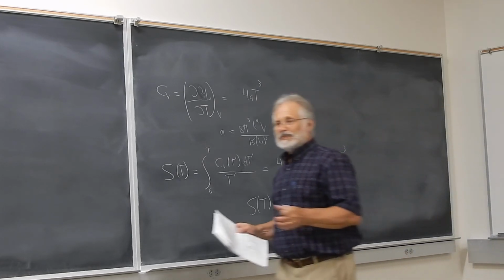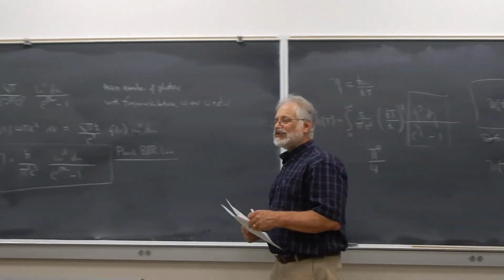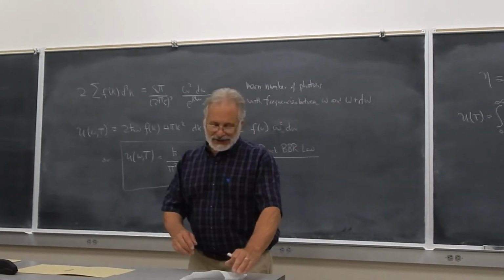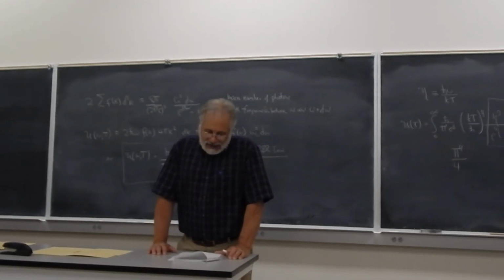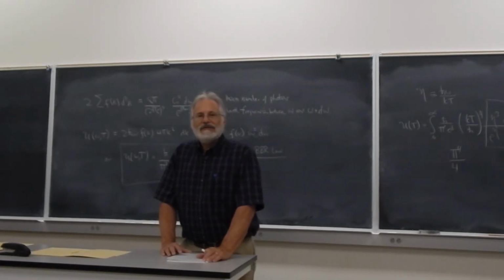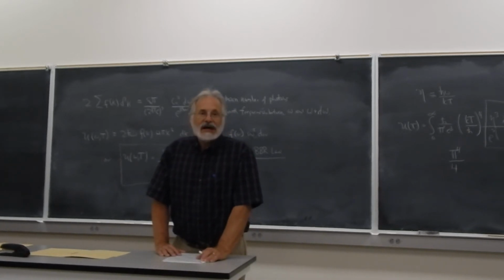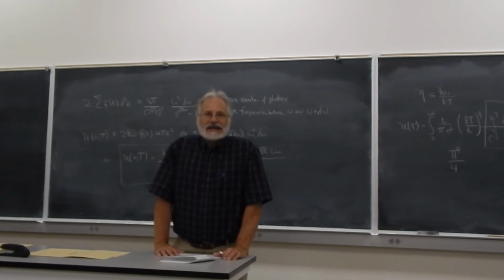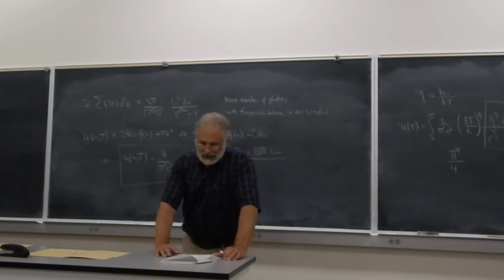The last point I'd like to cover in this topic is a really great application of blackbody radiation: the discovery of the cosmic microwave background. You might recall the story of the two Bell Lab scientists who almost by accident discovered this radiation that they thought was static in their radio telescope in Holmdel, New Jersey. This is 1964.